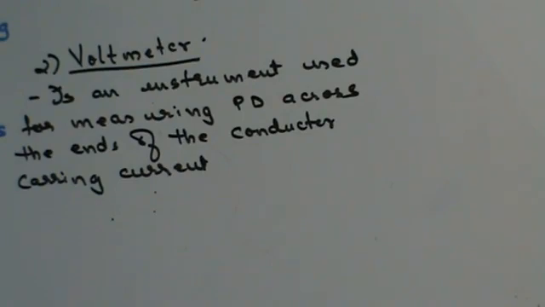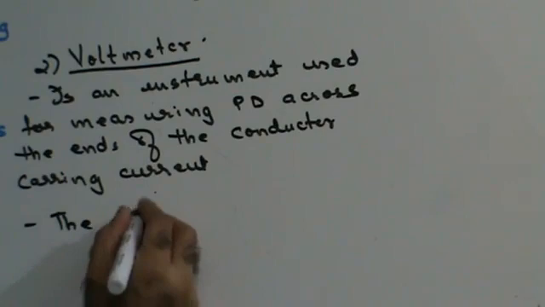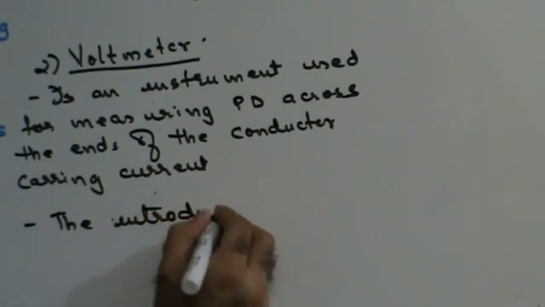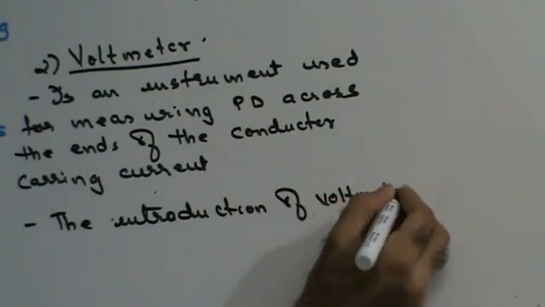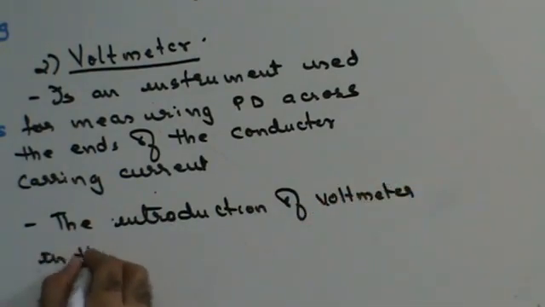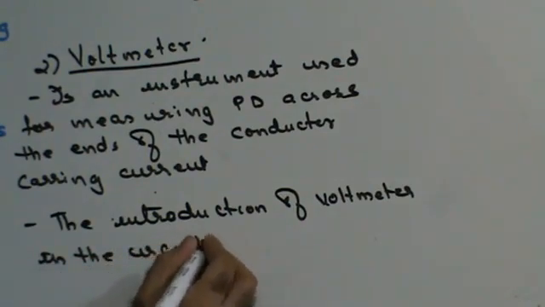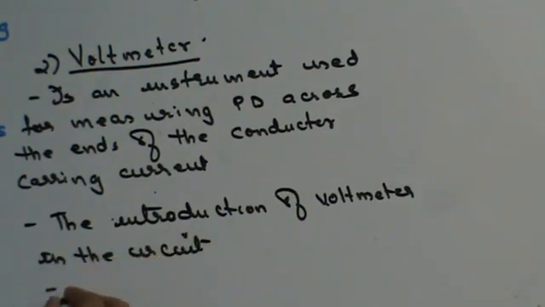Now, if it is going to be connected in parallel, what are the problems that you will face? The introduction of voltmeter in the circuit will lower the resistance, since I'm connecting a resistance across it. Now when you connect resistance in parallel, the net effective resistance of the circuit gets lowered, right?